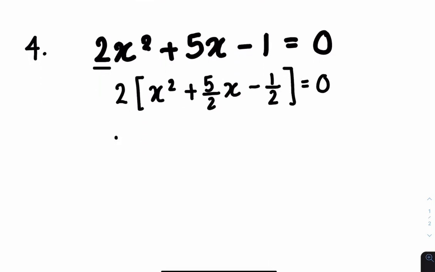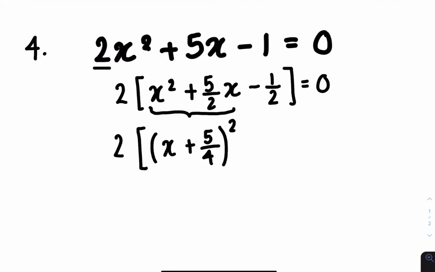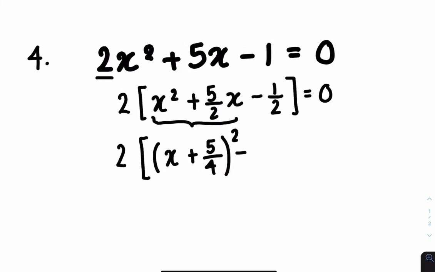So we have 2, and now we want to complete the square on this section. So we'll have x, then half this coefficient, which will give you plus 5 over 4, all squared, minus. And then what follows the minus is the square of this number, which is going to be 25 over 16. I just squared the numerator and the denominator. And then we have the minus half from here.